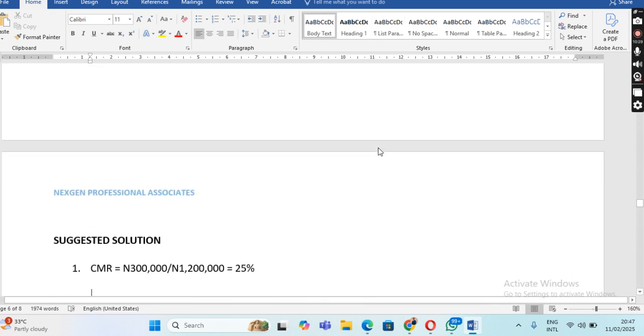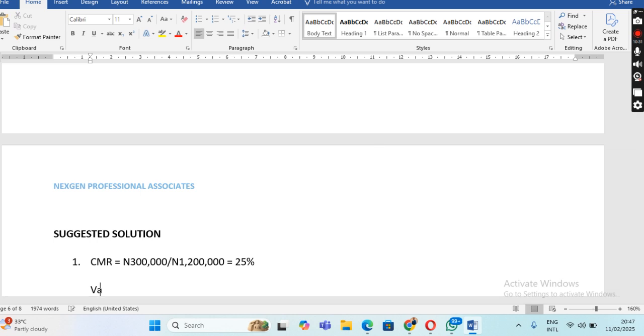So we can move on and say variable cost ratio equals variable costs divided by sales.